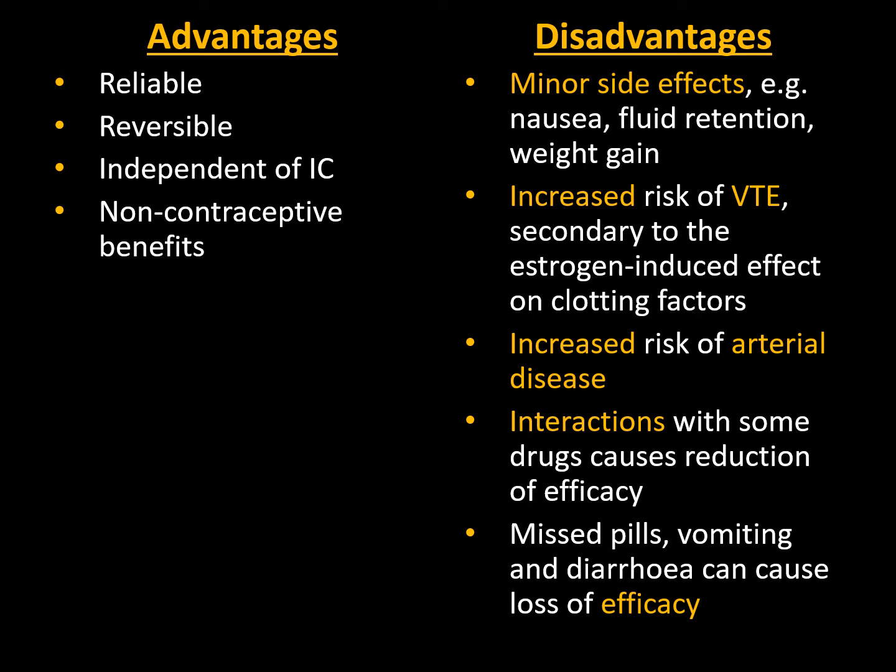Increased risk of arterial disease if there is a risk factor for that, and there are interactions with some medications such as anti-epileptic and anti-TB medications, where the absorption of the combined hormonal contraception will be reduced. Again, the absorption will be reduced if there is vomiting and diarrhea, and of course, if there are missed pills, then there will be a failure of the method.